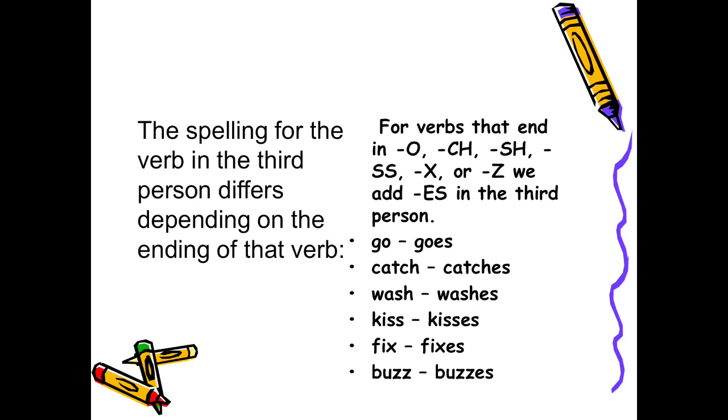Next, the spelling for the verb in the third person differs depending on the ending of that verb. So with the word ending, with the alphabet which ends, you will be having different spellings.